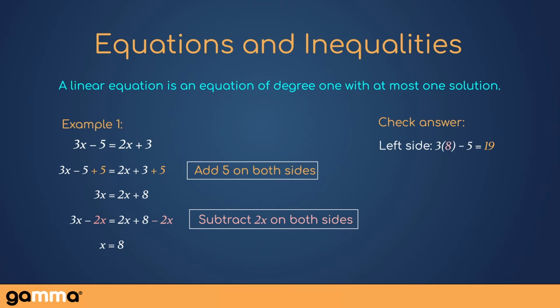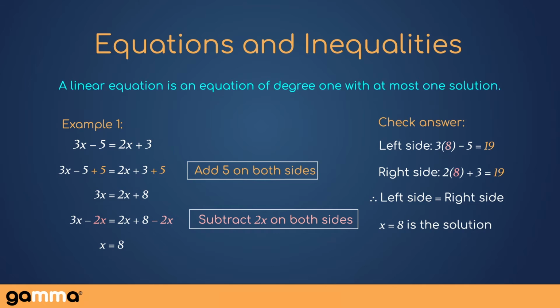On the right-hand side, we have 2 into 8 plus 3, which is equal to 19. Since our answer is 19 on both sides, the left-hand side is equal to the right-hand side. Therefore, x is equal to 8 is the correct solution.